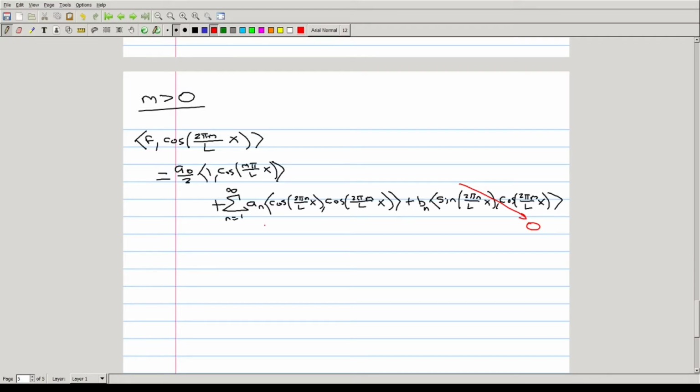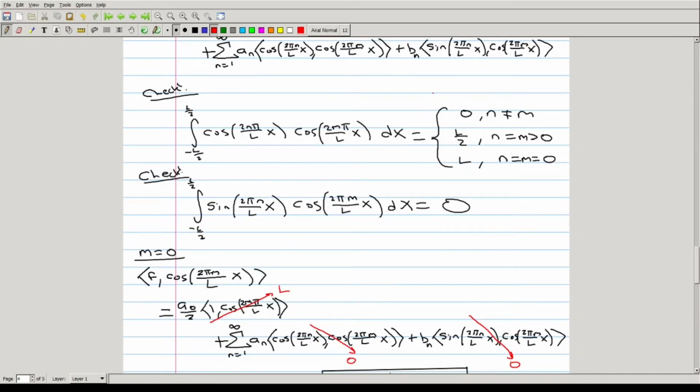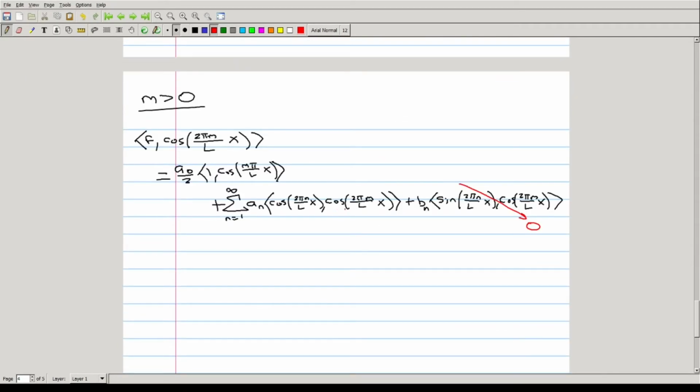And from the other orthogonality relation that we calculated up here, you know that this is going to be 0 unless m is equal to n, in which case it goes to L over 2. And this integral right here will be equal to 0.